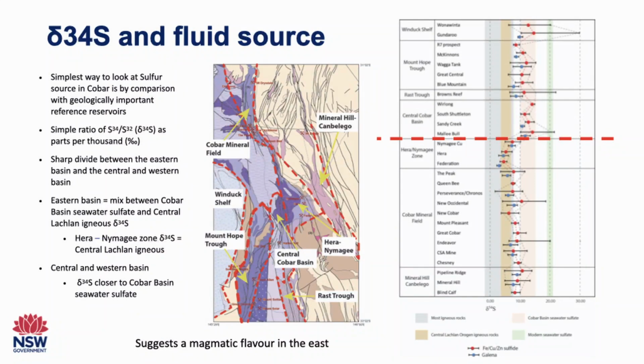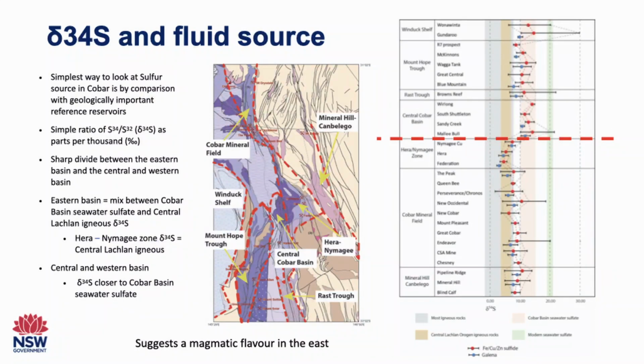But what you essentially see is that everything from Mineral Hill, Cambeligo, Hera, everything on the eastern side of this system is either a mix between an igneous system down here at the lower delta 34S, and these basinal systems.